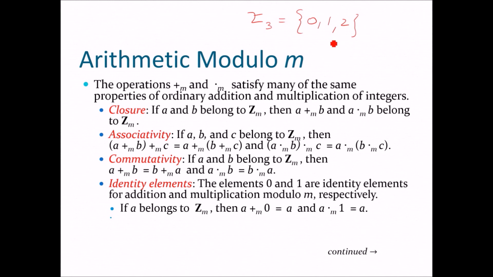Now let's take 2 plus_3 0. Okay, so the addition of 2 and 0 modulo 3 is equal to 2, because when we divide 2 by 3 the remainder is 2, which is already less than 3. Similarly, if we multiply 2 by 1, this will give us again 2. Okay, so this is how this works.